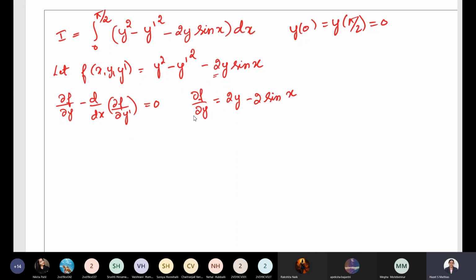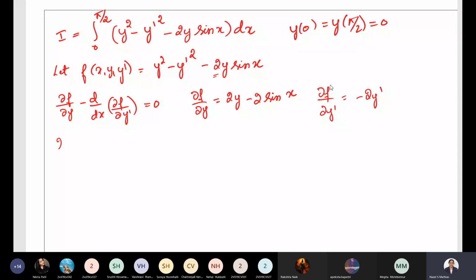So this is dou f by dou y. What is dou f by dou y dash? Dou f by dou y dash will be minus 2y dash.